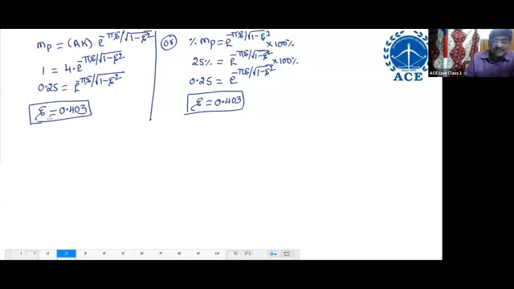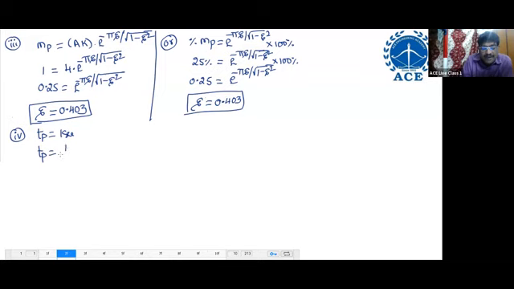After finding zeta, this is for the third problem. Next, fourth one is omega n you have to find. For omega n, Tp is given. Tp equals 1 second. So what does Tp tell?